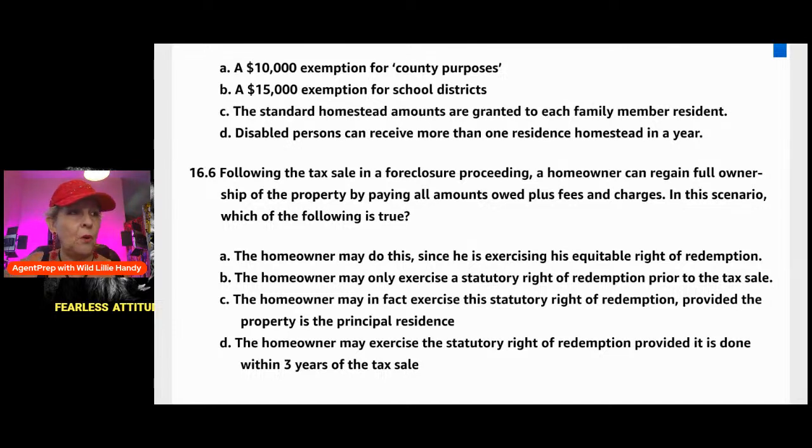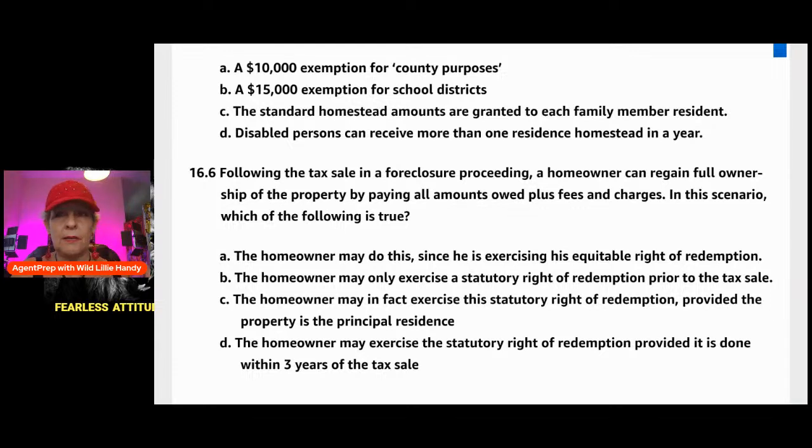So if the owner owes $5,000 or $10,000 in taxes, and the property is worth $100,000 or $200,000, investors like to buy those, because if the house is rentable, they end up owning a property for $10,000 versus $100,000 or $200,000, and making rental income during those 2 years.